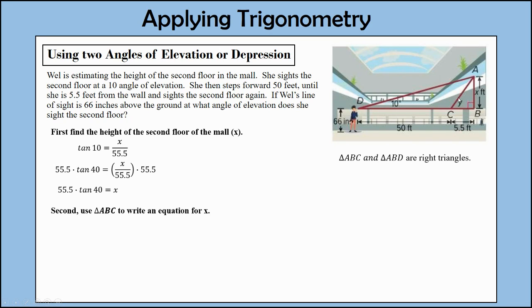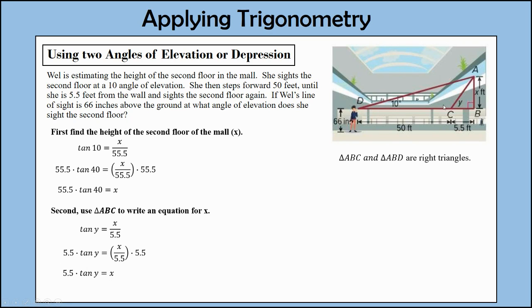I'm going to work off of angle y. So opposite is x, adjacent is 5.5. So I'm going to go tangent again. Tangent of y is x over 5.5. Solve for x, multiply each side by 5.5. And x is now equal to 5.5 times the tangent of y.